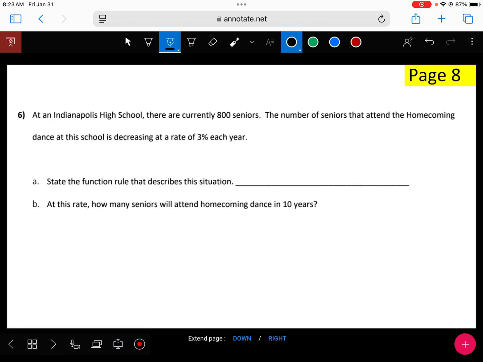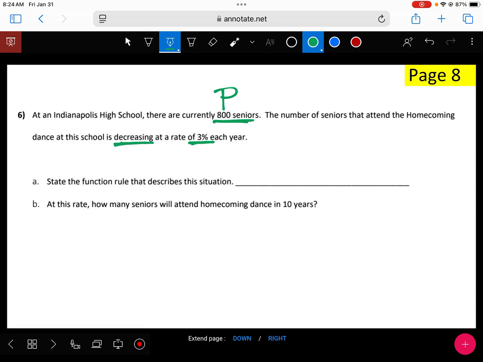All right, let's look at question 6. So at an Indianapolis high school, there are currently 800 students. Again, this is how much I have now. That's my starting amount. The number of seniors that attend the homecoming school is decreasing at a rate of 3%. So because it says decreasing, we're going to use a subtraction sign.